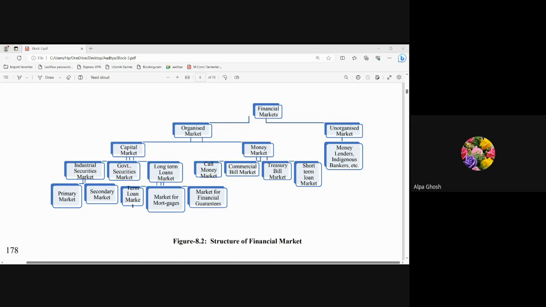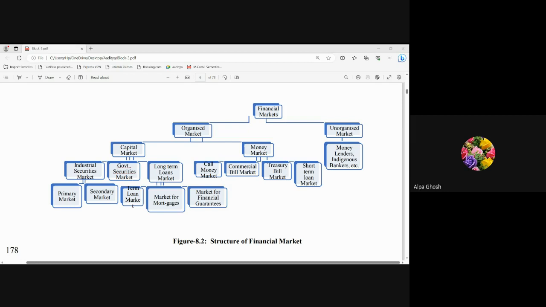Then when we come to the long-term market, we have market for mortgages. Mortgages means we need to put some of our assets with the financial institutions as a security, and against that security, we can avail the funds. We can also have long-term loans against the financial guarantees.